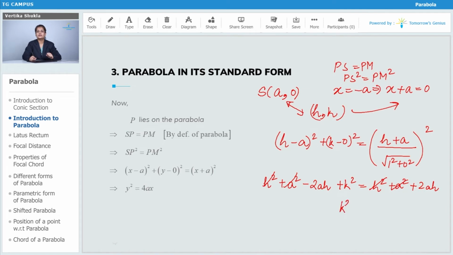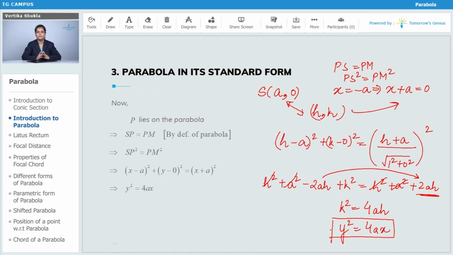You will get k square is equal to 2ah plus 2ah, which gives 4ah. Since it was the locus of a point, you will replace h by x and k by y. So you will get y square is equal to 4ax, and this is known as the standard equation of a parabola.